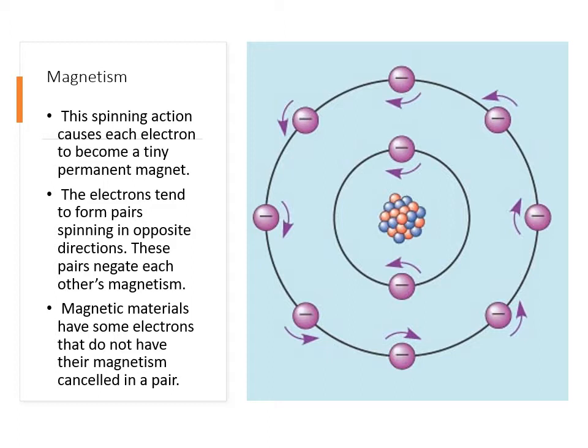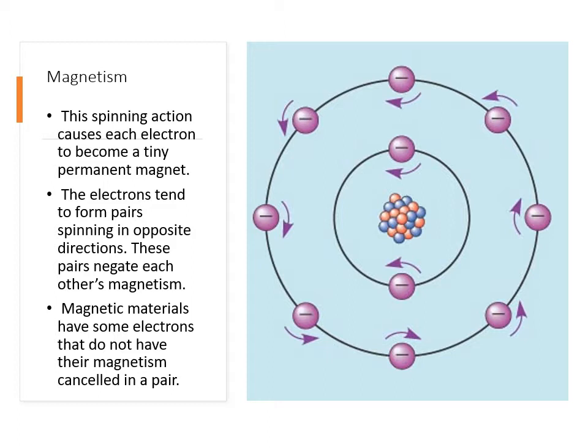The spinning action of the electron on its axis gives the electron a little magnetic moment or domain. In a non-magnetized material, these domains tend to cancel each other out, so that the overall magnetic property of the material is zero.